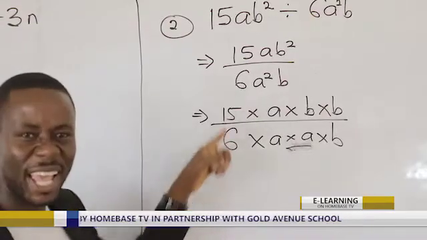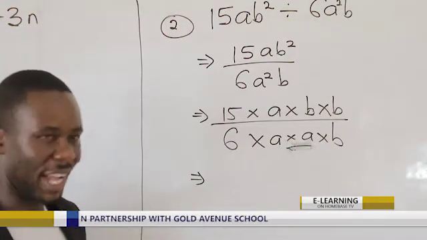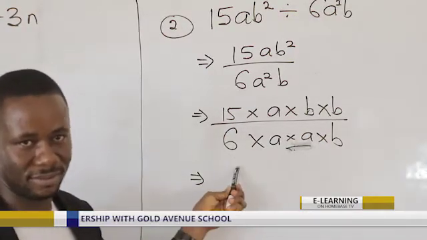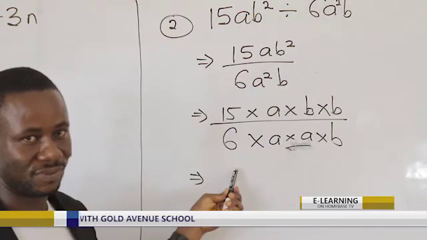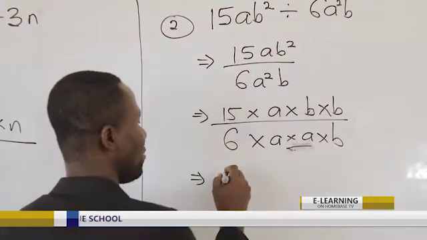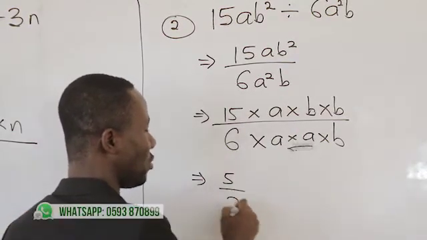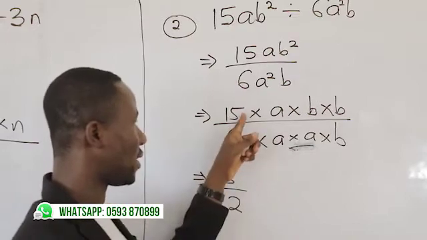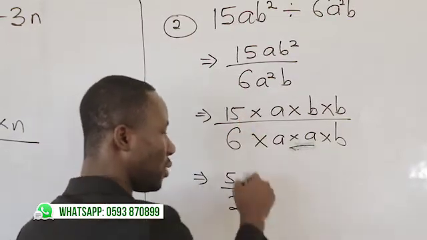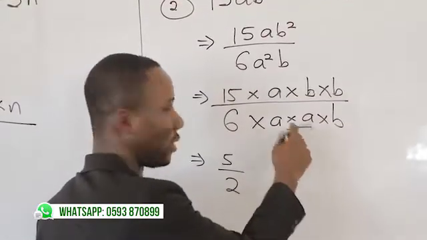So between 15 and 6, the highest common factor is what? 3, because 3 can divide both 15 and 6. When 3 divides 15, you get 5. When you divide 6, you get 2. So I've reduced this one. Then I'll go to the variables.